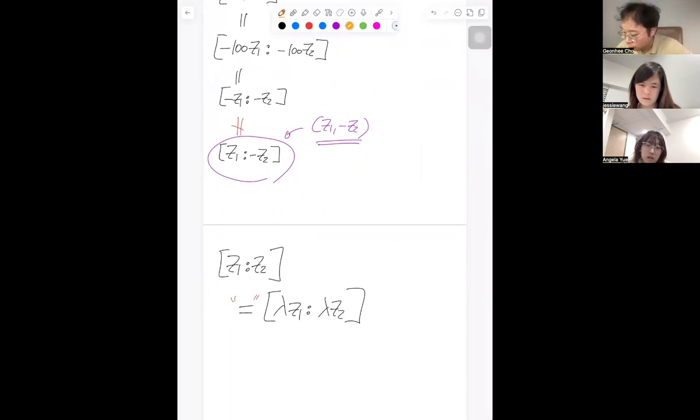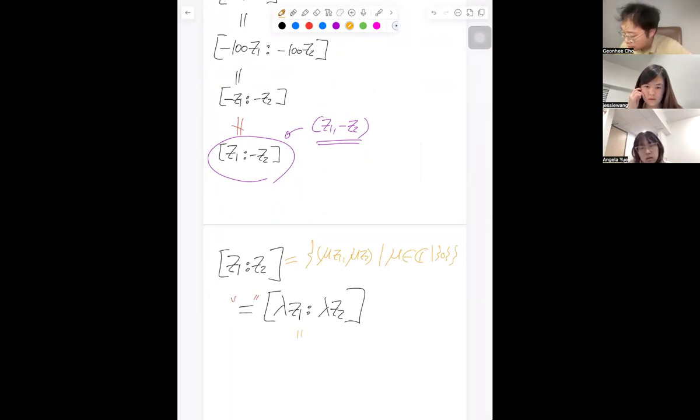So let me write it down one more time. This is the collection of, let me say, what is a good notation? Let me say mu z1 comma mu z2. Here mu is any complex value. That's the meaning of this notation.